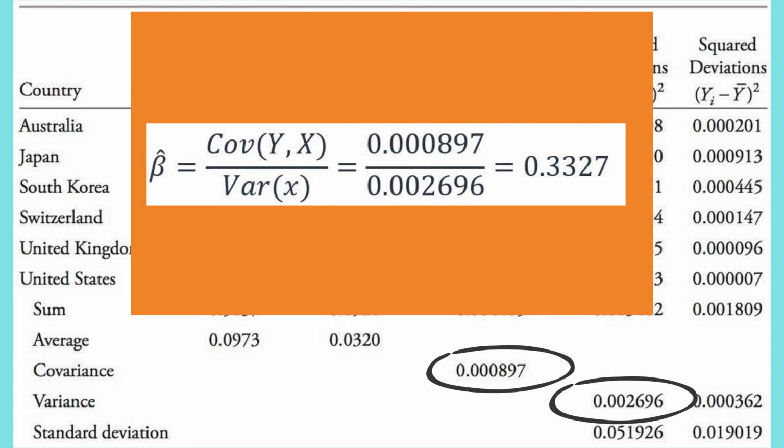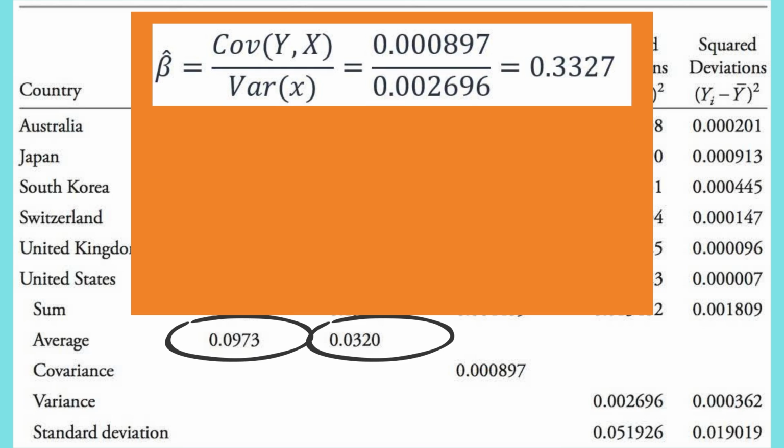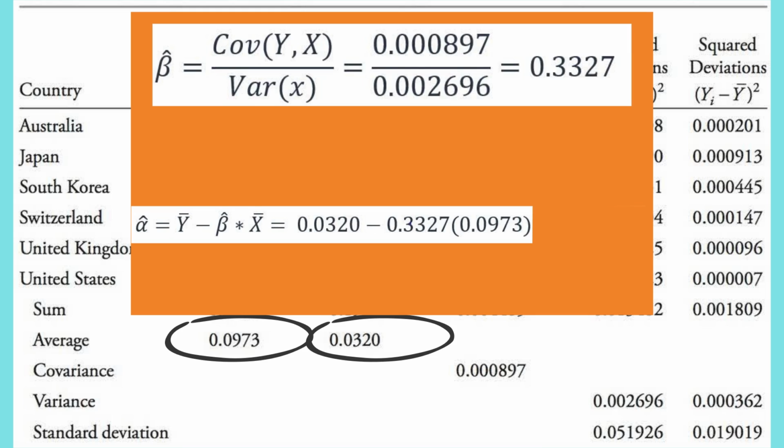Using the means of inflation and money supply and the beta estimate, we can calculate the estimate of our intercept, or alpha. The estimated intercept, alpha hat, is equal to y bar minus the estimate of the slope coefficient, beta hat, times x bar, which is equal to 0.0320 minus 0.3327 times 0.0973.